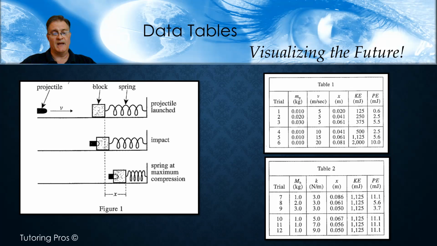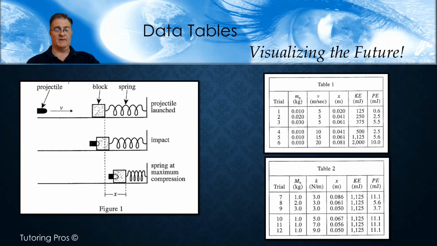Now, look at trial 10, 11, and 12. What are we changing now? We're changing the spring constant. We are making the spring more stiff. In trial 7, 8, 9, it was at 3 newtons per meter. And in trials 10, 11, 12, it's going to be varied from 5 to 7 to 9, making it much more stiff. But we're going to keep the mass of the block the same at 1 kg.